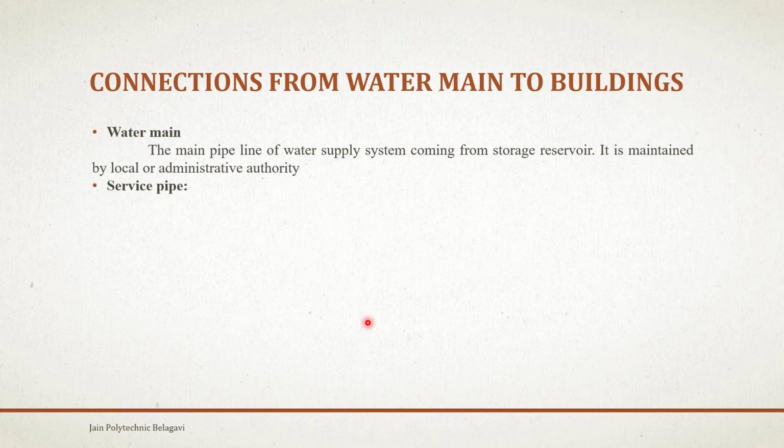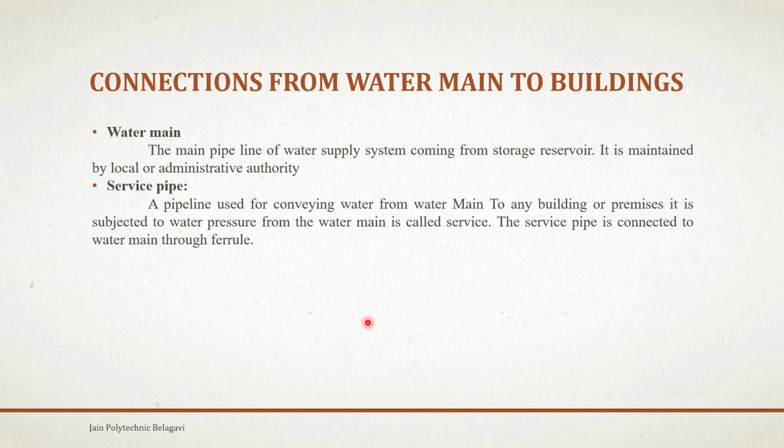Next there will be a service pipe. That pipe will be connected from the water mains to the overhead storing tank or the underground storing tank. It is the pipeline used for conveying water from water main to any building or premises, and it is subjected to water pressure from the water main. The service pipe is connected to the water main through a ferrule.